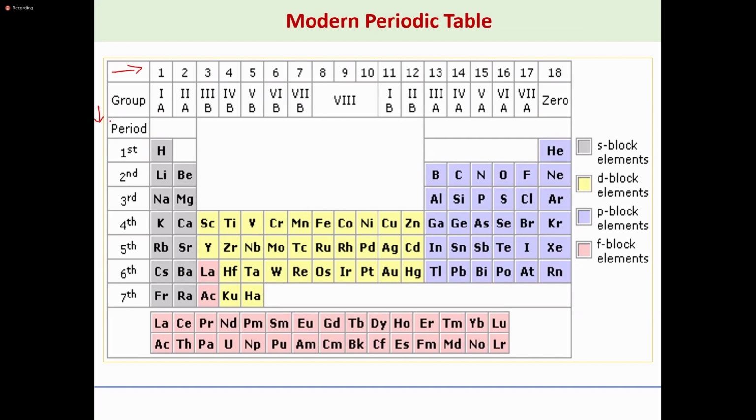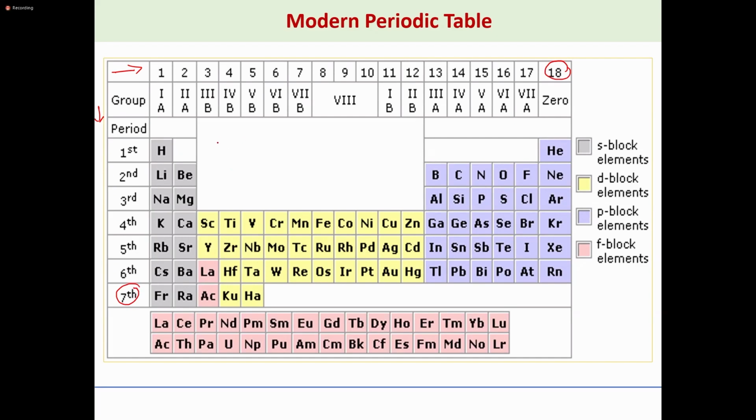Whatever elements have been discovered, according to their atomic number, these elements have been arranged in groups and periods. This modern periodic table contains 18 groups and seven periods.